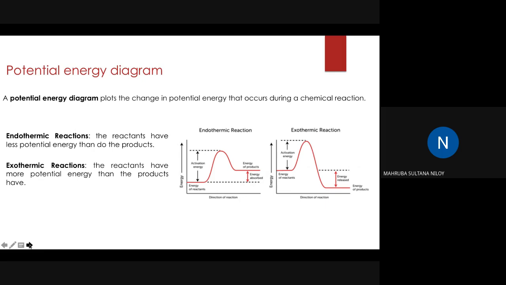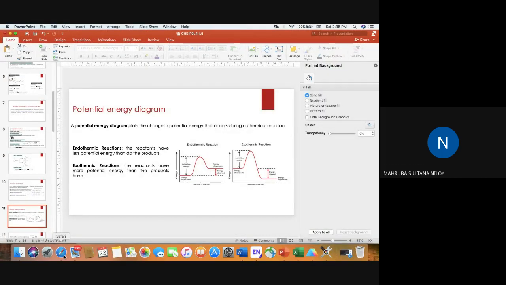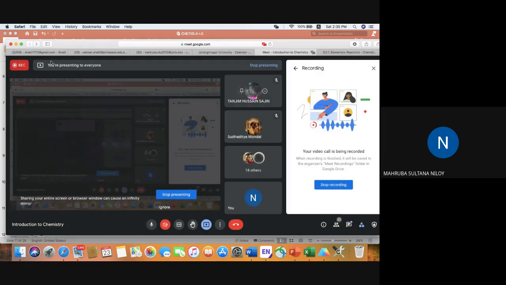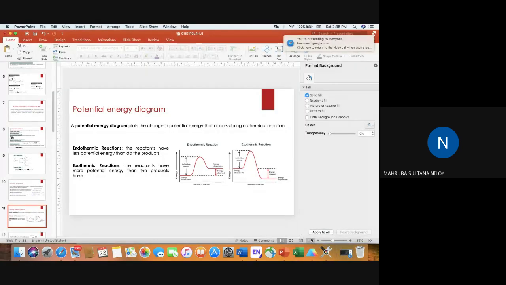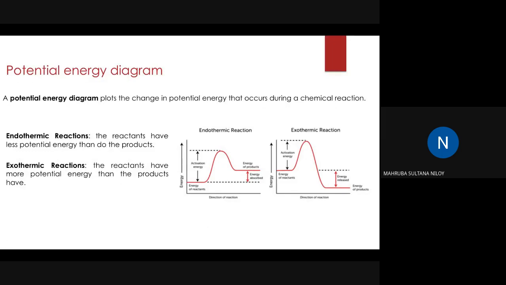Okay, so in a chemical reaction, we know bonds break and new bonds are formed, right? And in the bond breaking and bond formation process, we know energy is either released or absorbed, isn't it? Yes, sir. Okay, so what is a potential energy diagram?